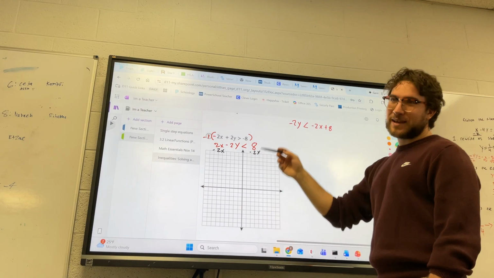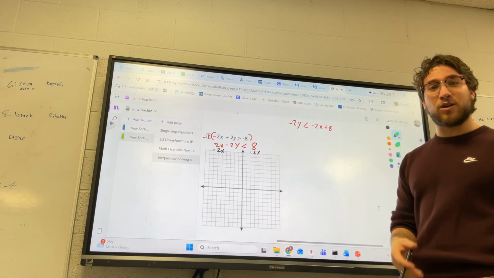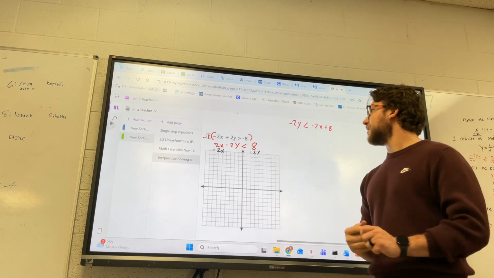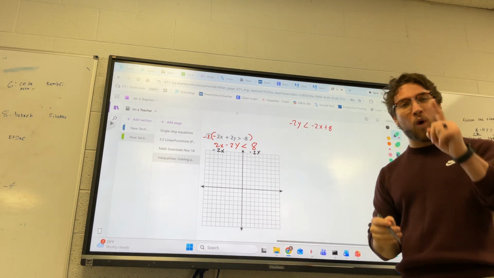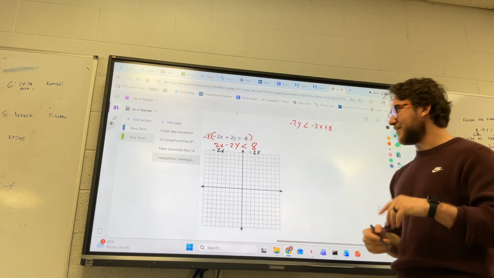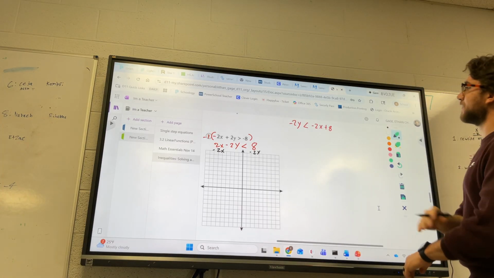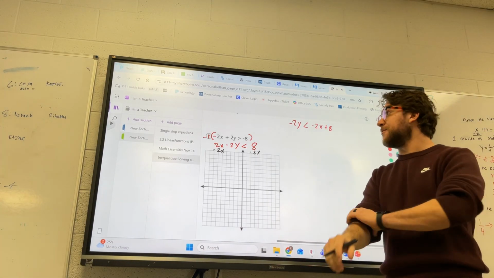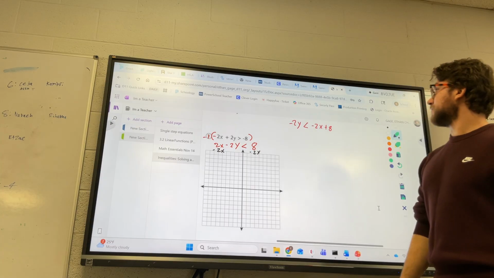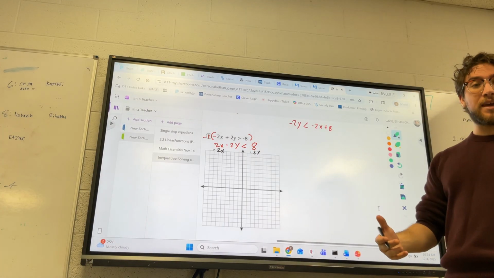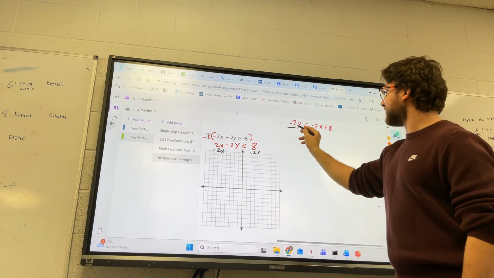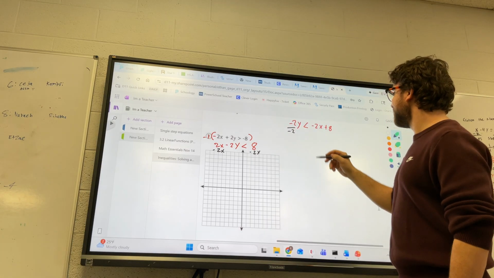In y equals mx plus b, our slope-intercept form, this side has to just be one positive y. So what do we need to divide by? Exactly, negative 2.